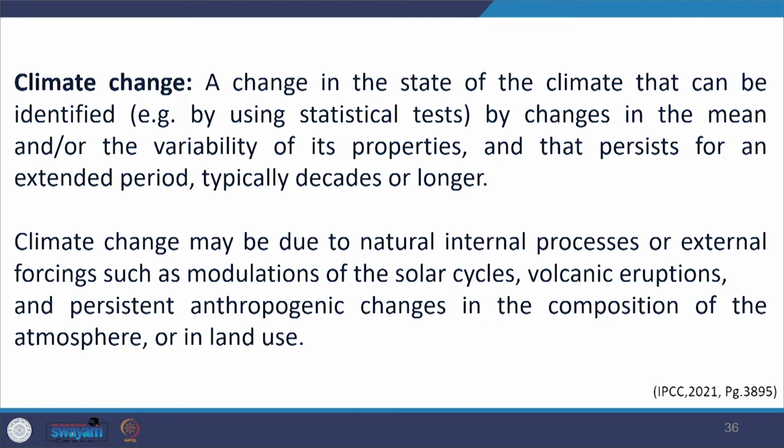The variation could be in terms of the mean or the variability of its properties, those properties which we discussed, and whatever change happens that lasts for a longer period, such as decades or even longer than decades. When such variations happen, then we call it climate change. Climate change can happen both naturally or by our activities. So, we see those changes can happen.